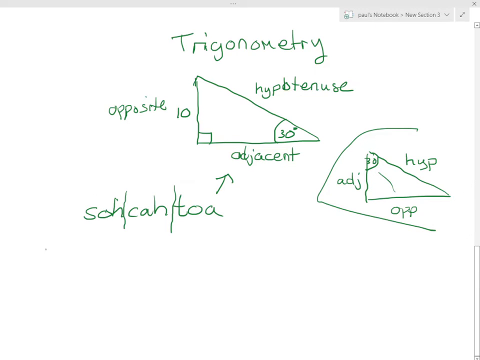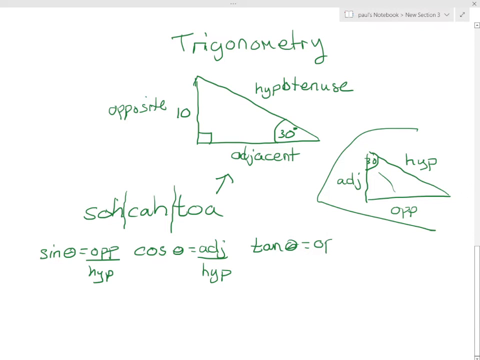The SOH means the sine of the angle, and I'll give it that little theta thing. The sine of the angle equals the opposite divided by the hypotenuse. The cosine of the angle equals the adjacent divided by the hypotenuse. And this one is the tan of the angle, which equals the opposite divided by the adjacent.